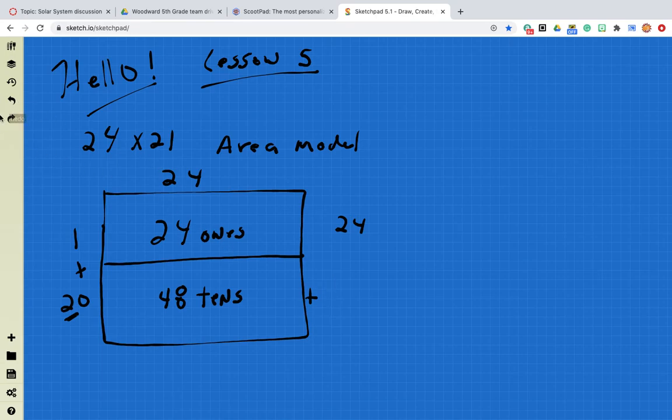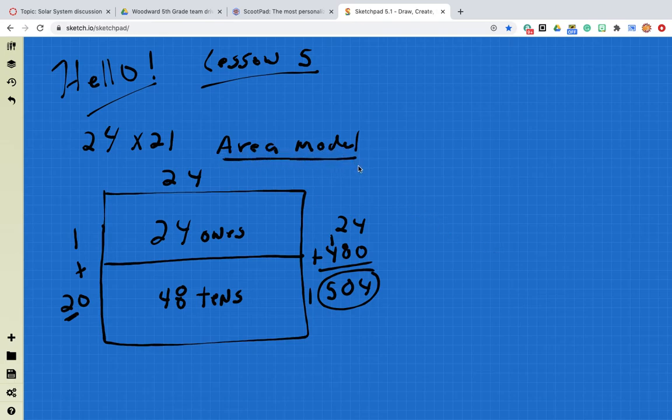Let's try it again. Plus 480. If I take my two partial products and add them up, I get 4 and 0 is 4, 8 and 2 is 10, and 4 plus 1 is 5. So I get an answer of 504. And that was the area model.